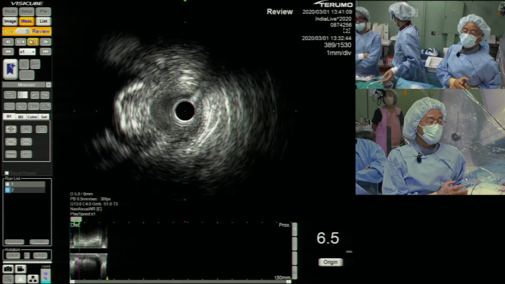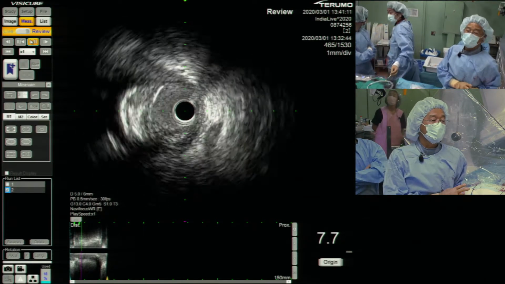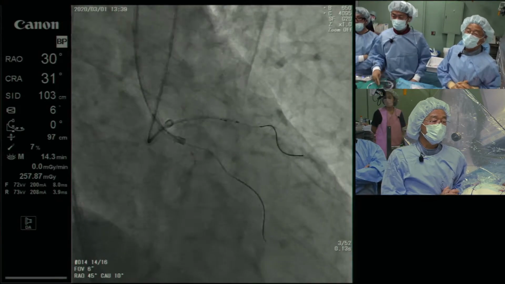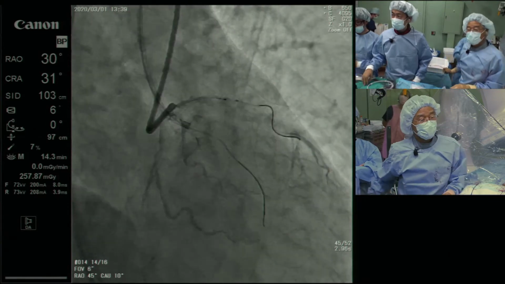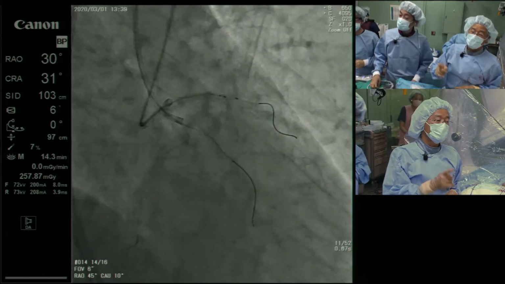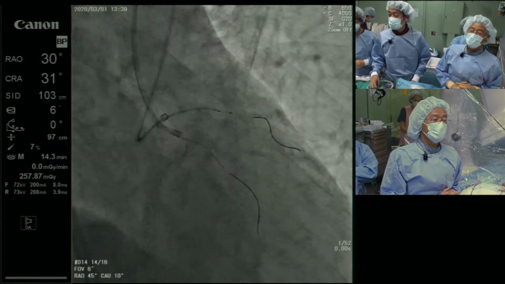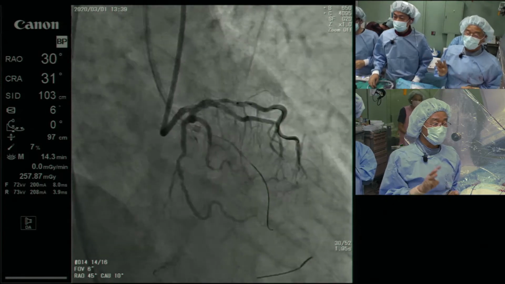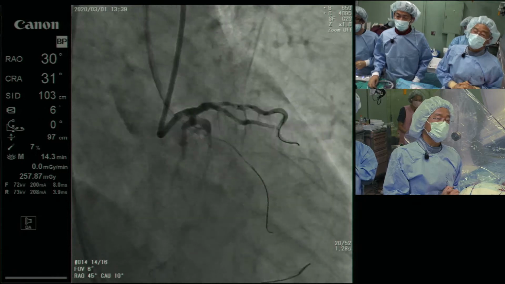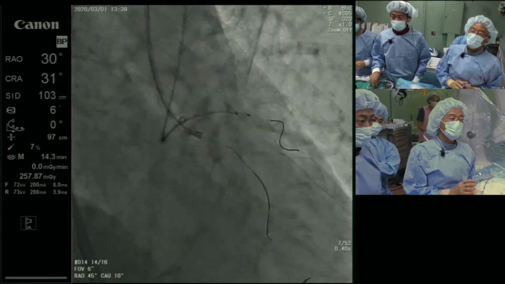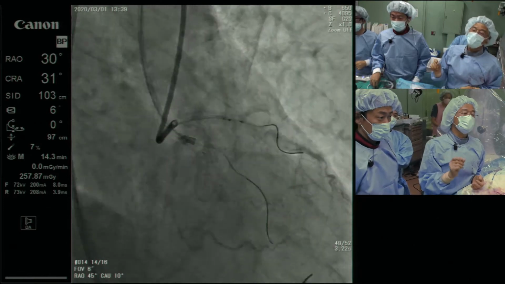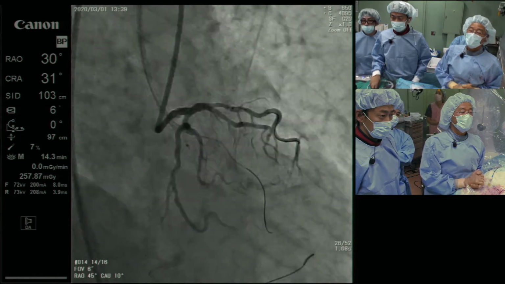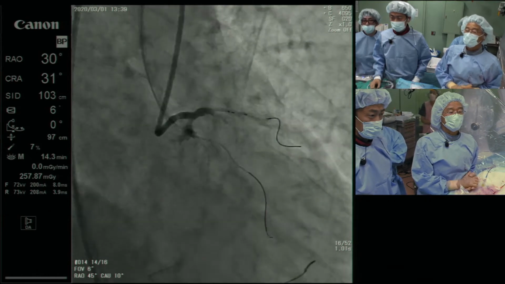Then I put the Caravel into the conus branch. The contralateral injection was done through this small caliber catheter. We made a marking, so you can see the markers. Can you see the three markers? The mirror of this IVUS is between the proximal two markers. Then the true entry of the LAD is around there.